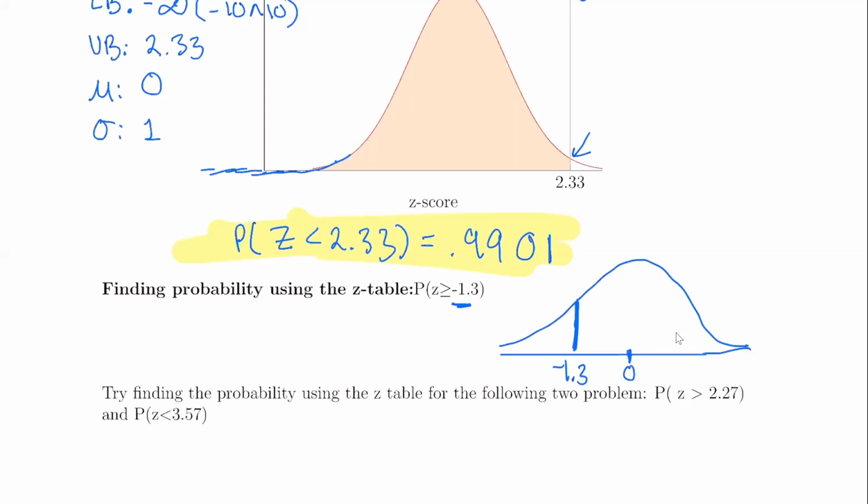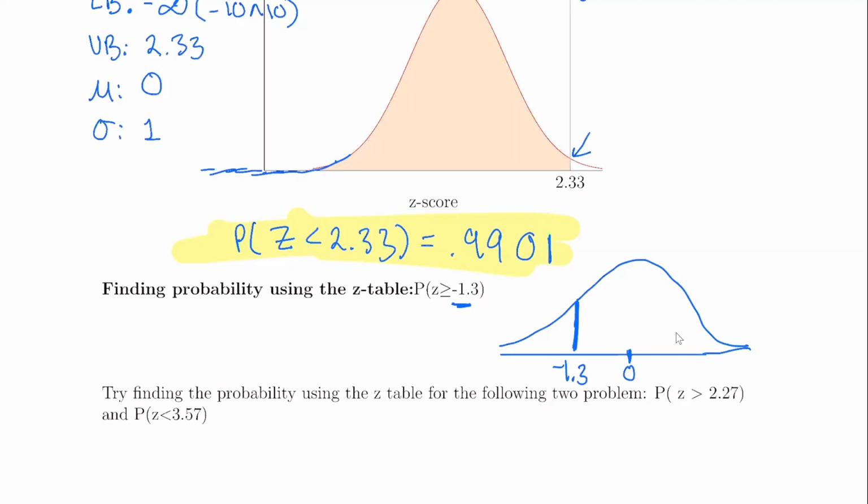Since negative 1.3 is smaller than 0, I'm putting it on the left-hand side. If we had gotten a positive value, you put it to the right-hand side because a positive value is bigger than 0. All right. Any question in regard to how I put negative 1.3 to the left of 0?